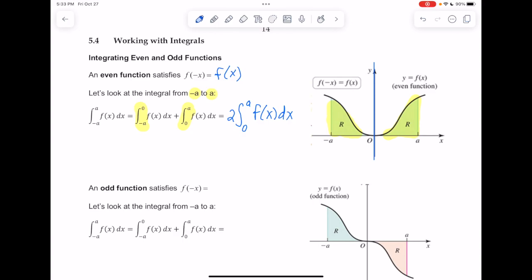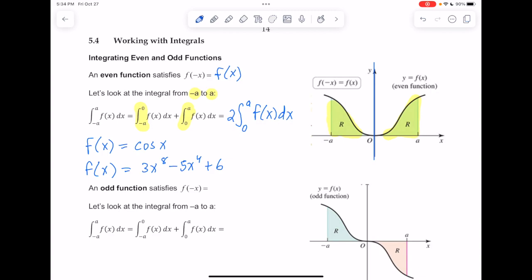So just a reminder of some functions that are even. For the trig functions, you've got f of x equals cosine of x is an even function. If you're dealing with a polynomial, then something where all the terms are even power, so something like 3x to the 8th minus 5x to the 4th plus 6.